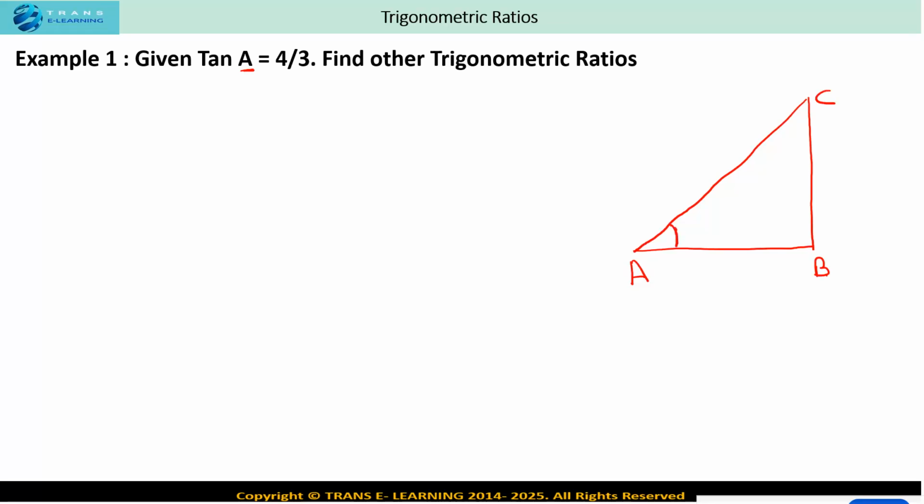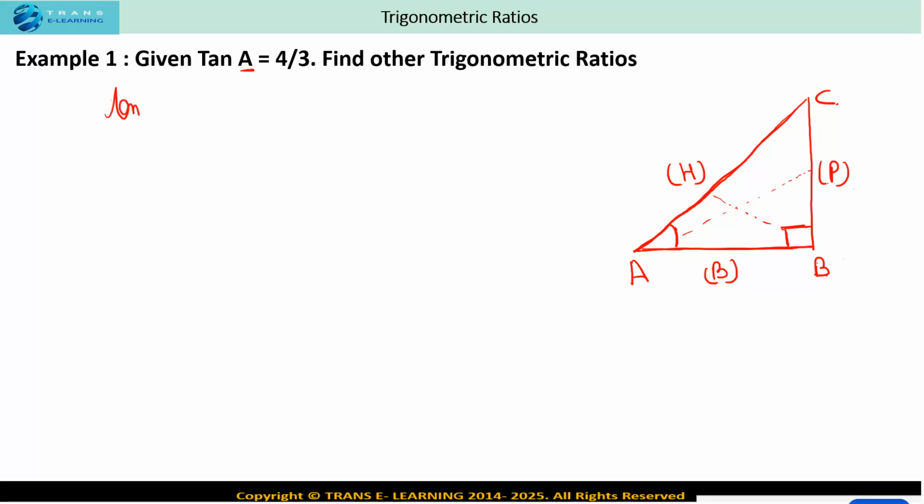It is better to consider the angle given in the question, for which we have to find the trigonometric ratios, as the base angle. That will be easy for you to understand. Now this is 90-degree. So this is your base, this is your hypotenuse, and the side opposite to the angle A is your perpendicular. So BC is your perpendicular, AB is your base, and AC is your hypotenuse.